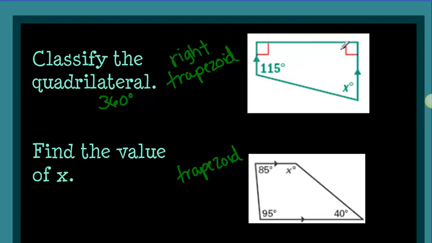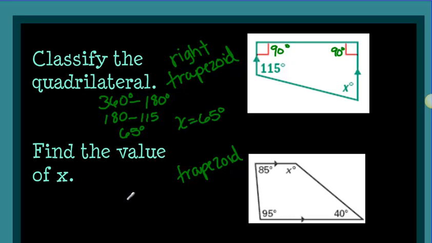Here we have a 90-degree angle, a 90-degree angle, and a 115-degree angle. So I'm going to subtract 180. Those are my 2 90-degree angles. So I'm left with 180, and now I'm going to subtract the 115, and I'm left with 65 degrees. So x equals 65 degrees.